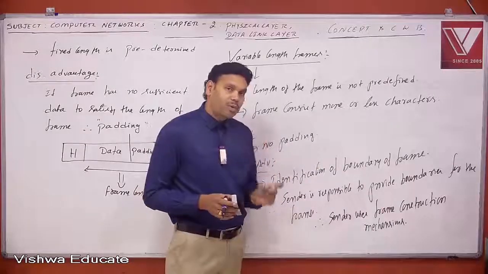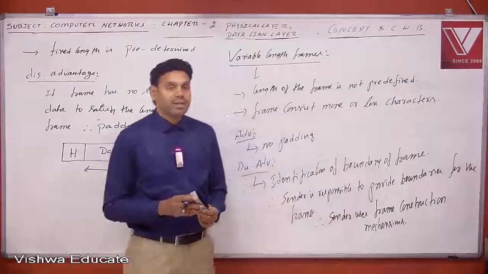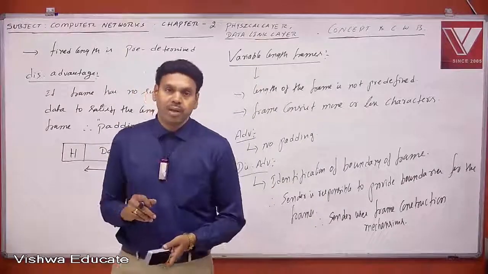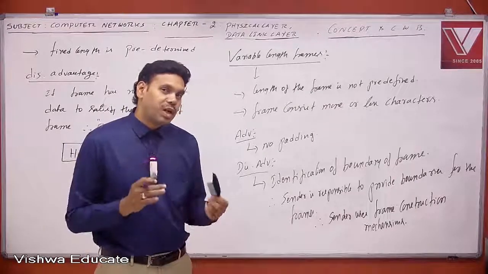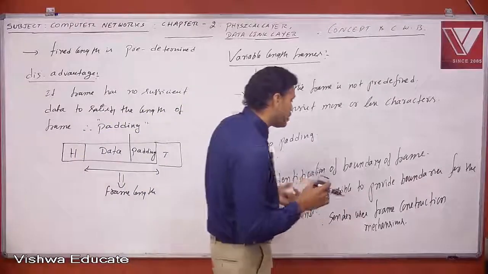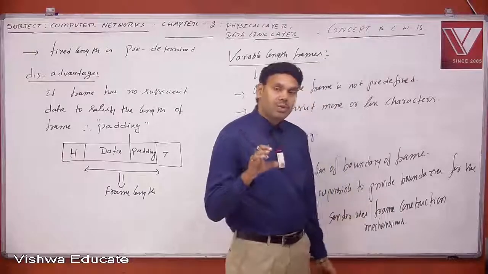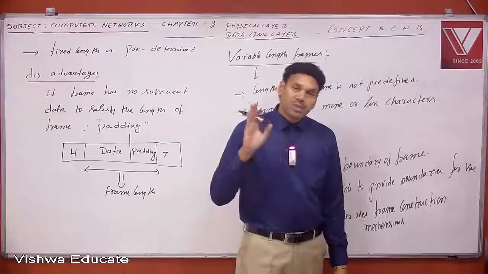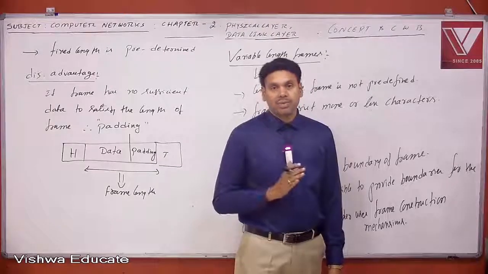The main problem is that the receiver is unable to identify the boundary of the frame. So the sender is supposed to do much more work in order to provide what? The boundary of the frame. That's why the sender follows some frame construction mechanisms in order to provide the boundary of the frames. So therefore the receiver can easily cut and do the processing.